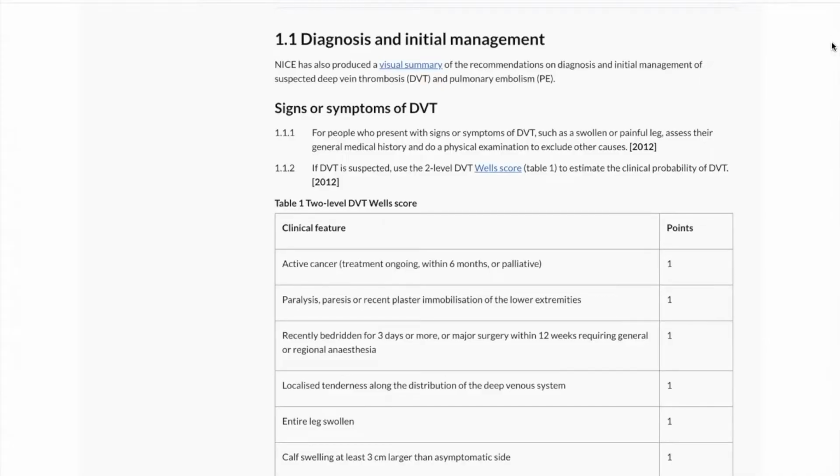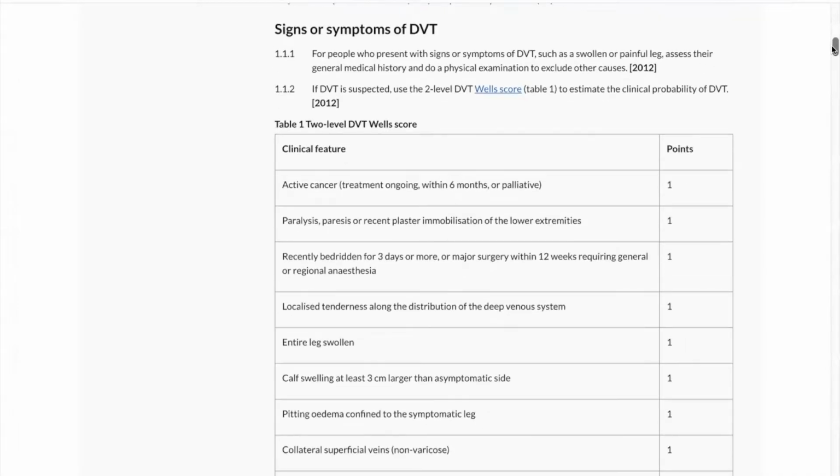And what is the Wells score? So according to NICE, it is a clinical prediction rule for estimating the probability of a DVT or a PE. There are a number of different versions of the Wells score. NICE have recommended the 2-level DVT and PE Wells score. So as you can see, depending on the patient's symptoms, a score will be calculated.